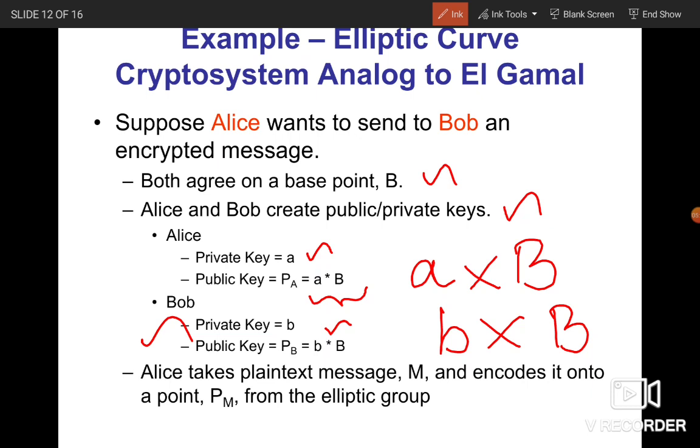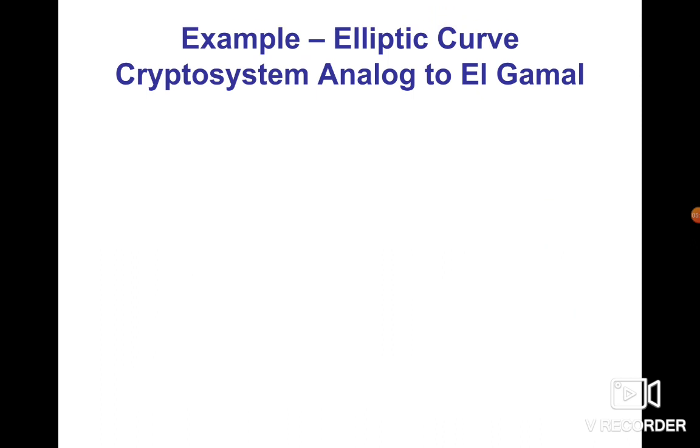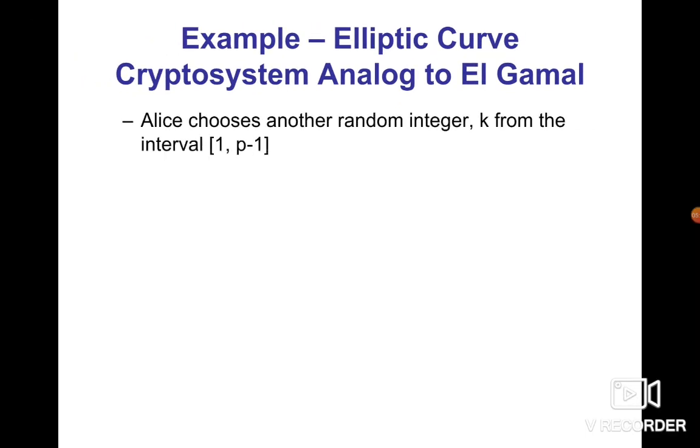Now we move on to the encryption process. Alice wants to send a message. Alice takes a message M, and that message is encoded as a point PM from the elliptic curve. What is the formula? Alice chooses another random integer k.